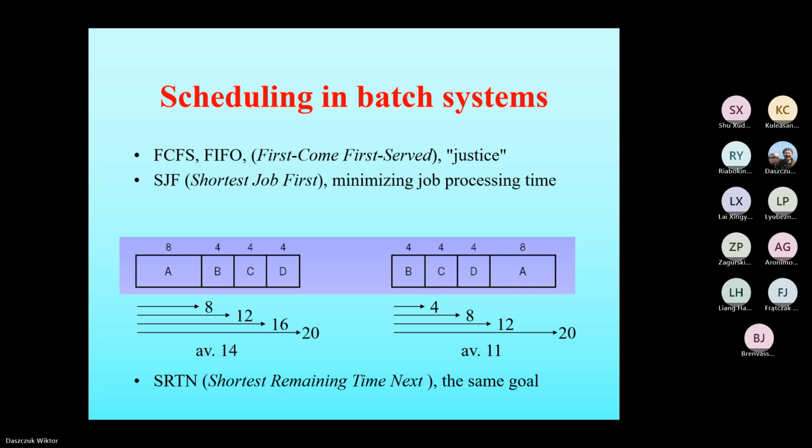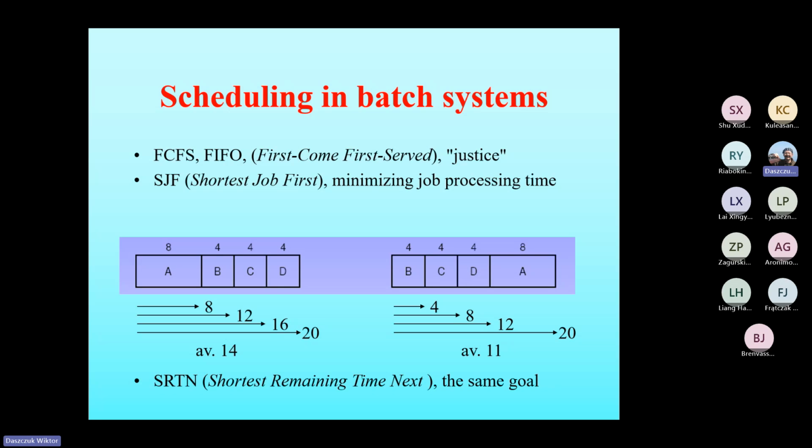Sometimes many events influence the run of a program. So it can happen that a program was taken to run, but it was suspended for some time. So there is a variant of this SJF rule, SRTN, shortest remaining time.